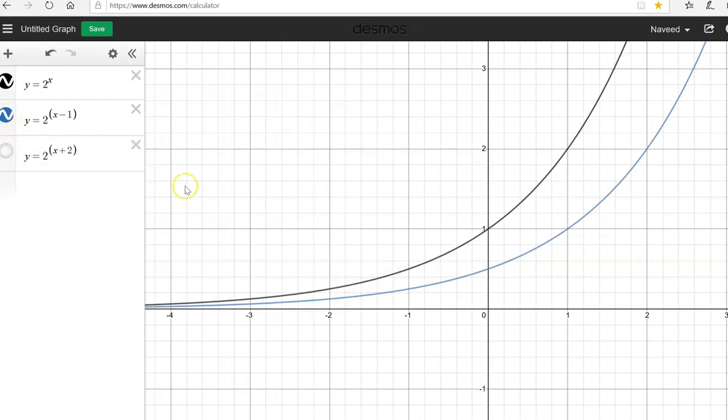And yes, it is. Now, what I want you to notice is that if this coordinate was 0, 1, to get the same y value, the blue graph has the coordinate 1, 1.